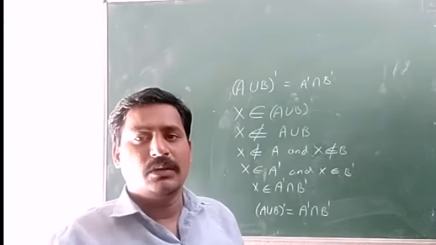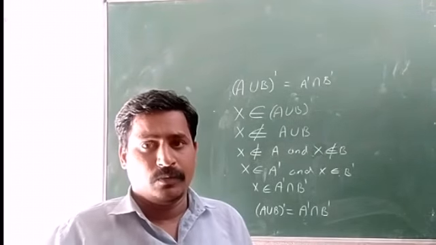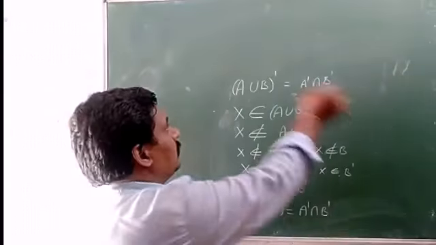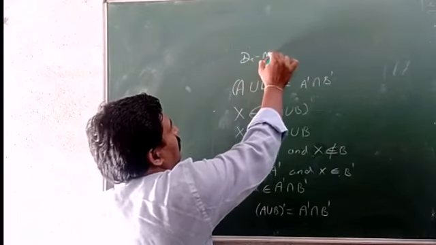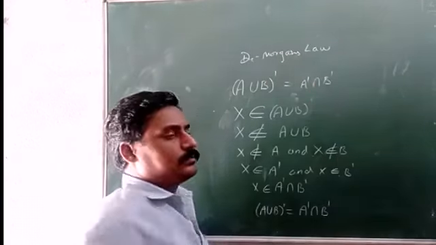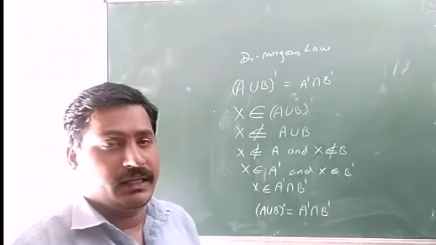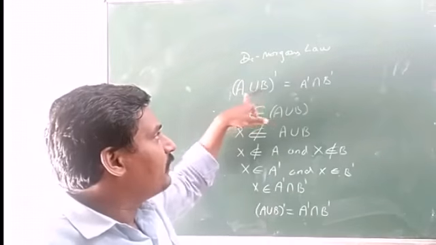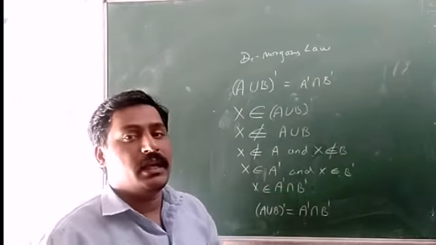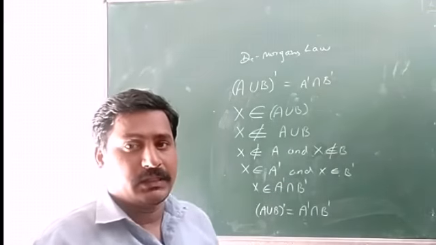So this is the first law given by De Morgan. De Morgan's law of set theory: the complement of A union B is equal to the intersection of A dash and B dash.